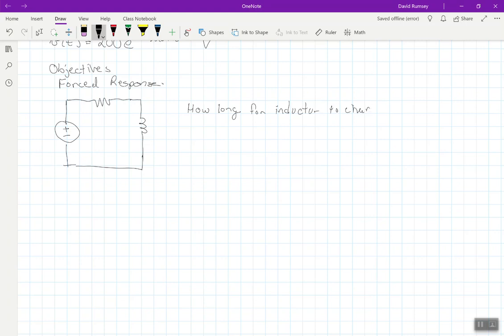So we're asking, what would the forced response be? The inductor might have some initial energy, or it might have no energy, and so I want an expression for this.